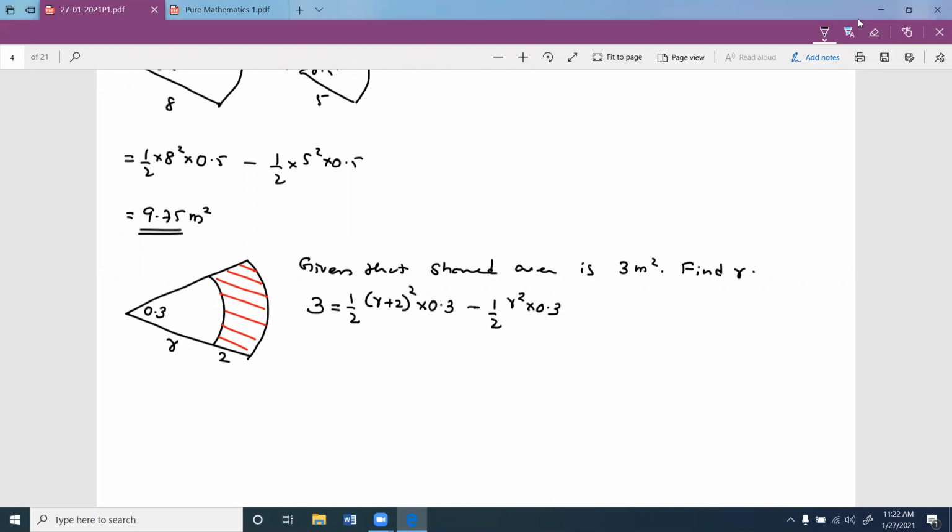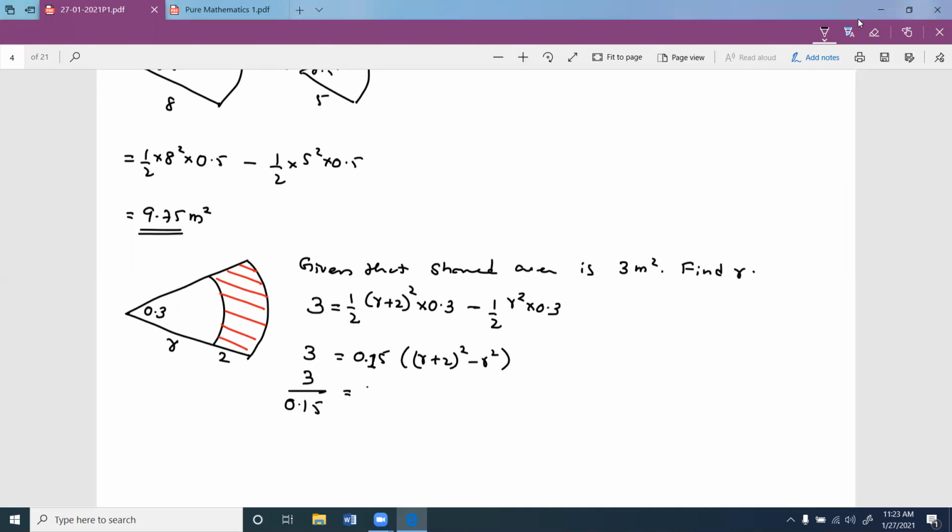Now you can see here, this is 0.15. Half of 0.3 is 0.15. Here also 0.15. You can take it out. What do you get? (r plus 2) squared minus r squared, within 0.15. If you bring it to this side, 3 divided by 0.15.